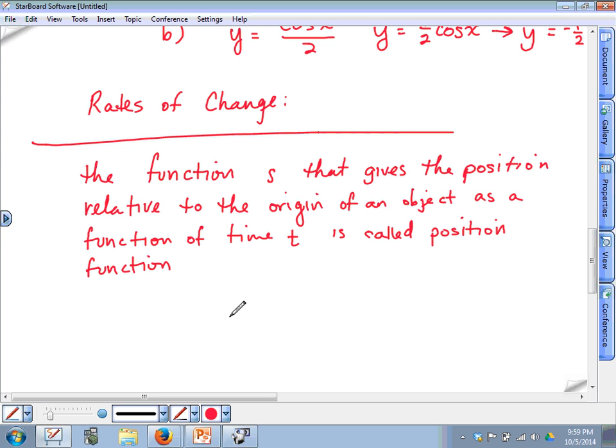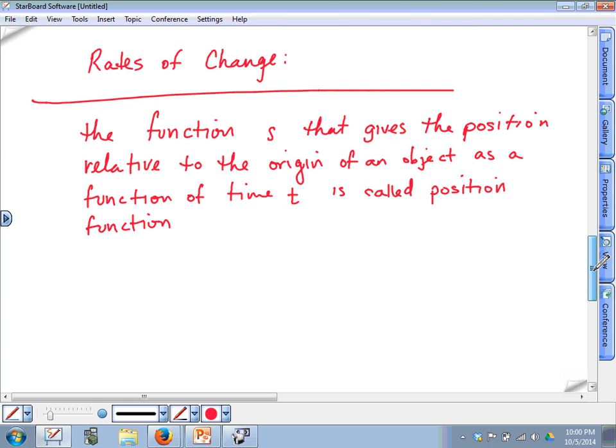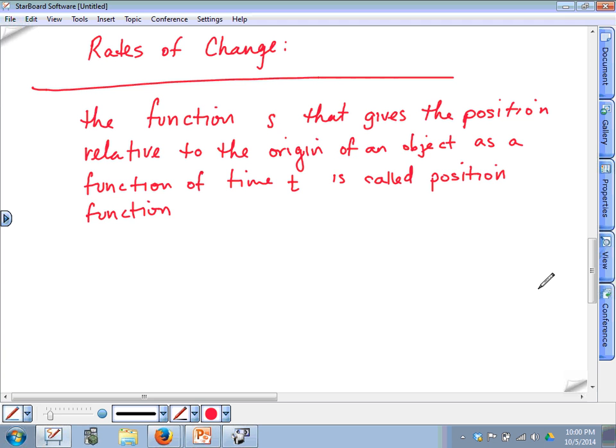Now, one thing you might remember that was discussed very, very briefly back in pre-calc was called an average rate of change. It would have been very, very early on. Essentially all it was, was finding the slope between 2 points on a graph. That was called the average rate of change. So the average rate of change, if we're talking about the position function, would be called an average velocity. As the position of an object changes, that's because of the velocity.